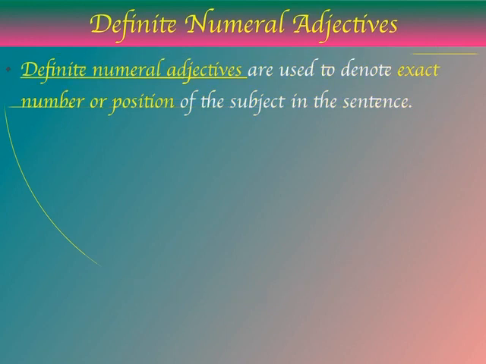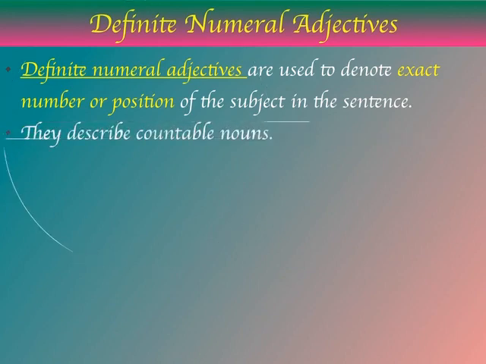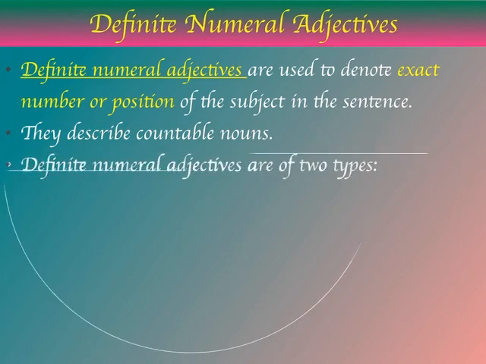Definite numeral adjectives are used to denote the exact number or position of the subject in the sentence. So here, these adjectives give us an exact number or position of the noun which it is describing. And they also describe countable nouns only. Now, definite numeral adjectives are of two types.